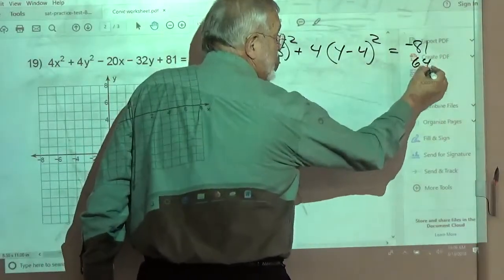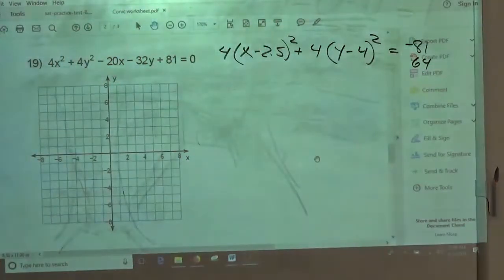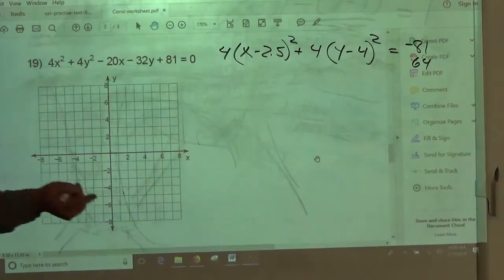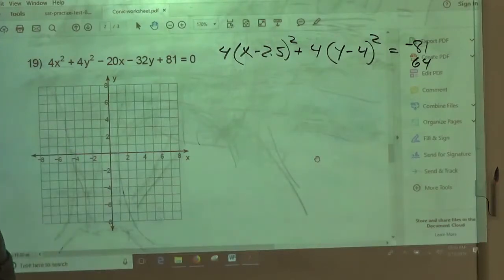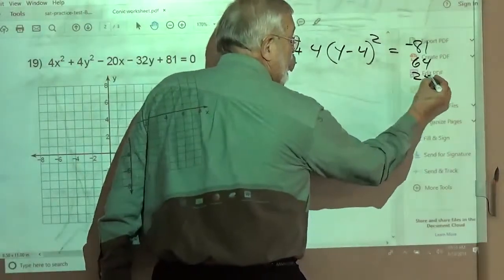So I've added 64 to this side, I have to add 64 there. Now, 2.5 squared is 6.25. 4 times 6.25 is 25. So I've added 25 here, so I add 25 here.